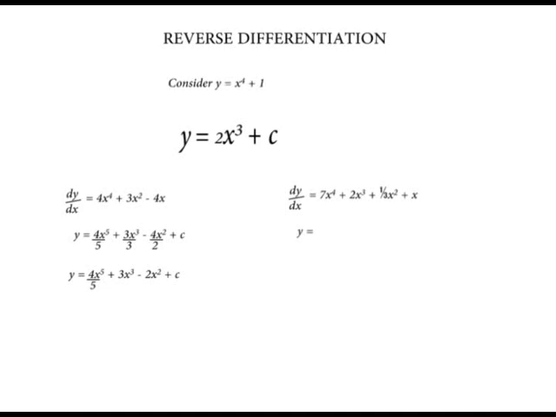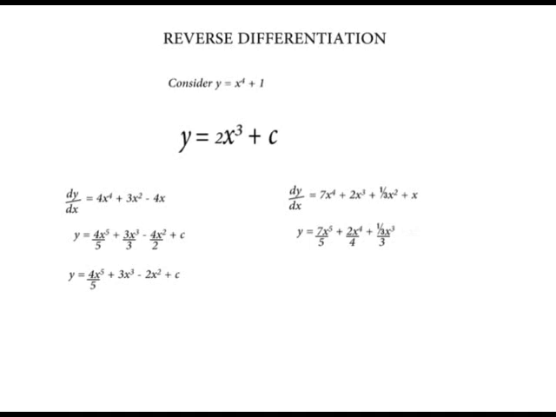7x raised to power 4, if we integrate that, we shall get 7x raised to power 5 over 5, plus 2x raised to power 3, if we integrate we get 2x to power 4 over 4, minus a third x squared. If we integrate, we shall get a third x to power 3, everything divided by 3, and then plus x raised to power 1.